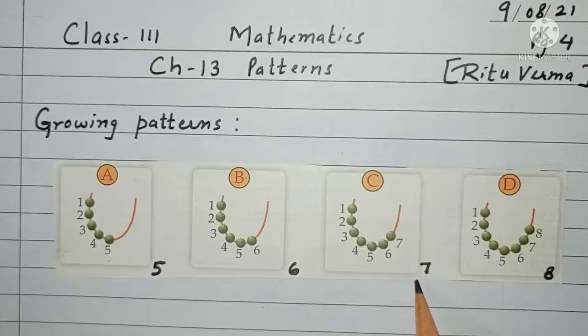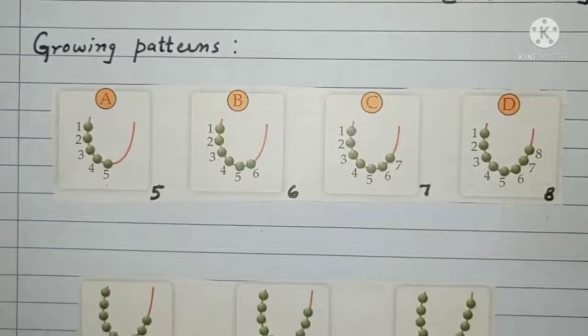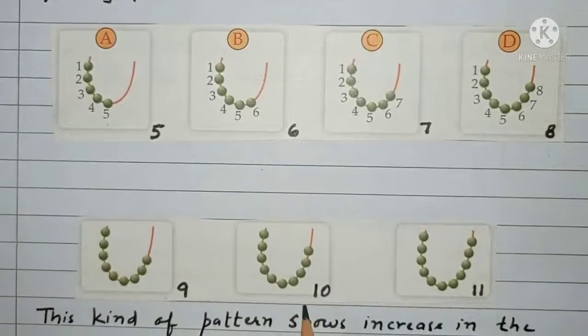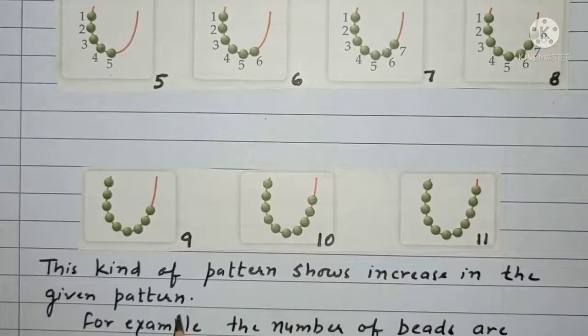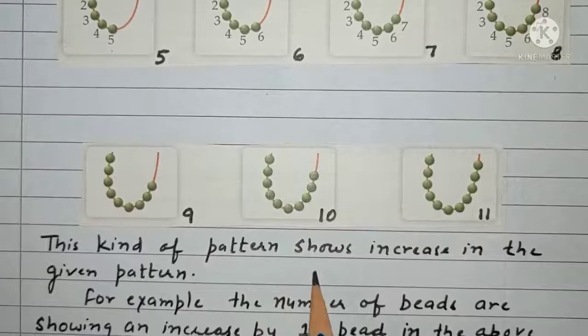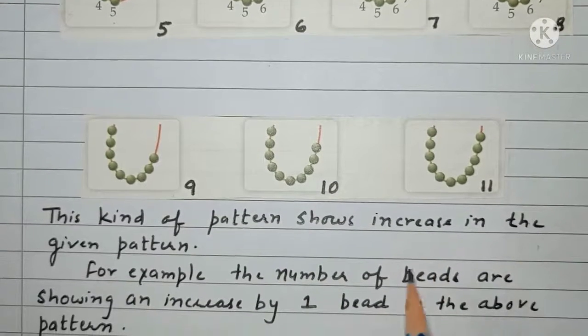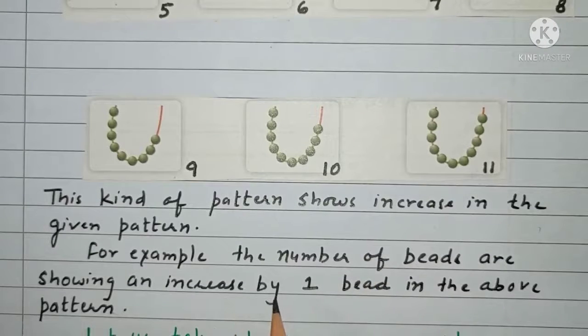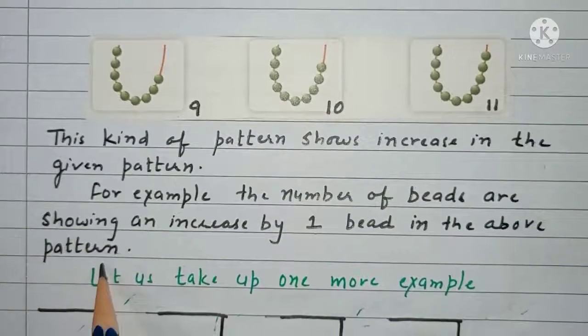Then 7 beads, 8 beads, followed by 9 beads, 10 beads and 11 beads. So students, this kind of pattern shows increase in the given pattern. For example, the number of beads are showing an increase by 1 bead in the above pattern. So this is the growing pattern.